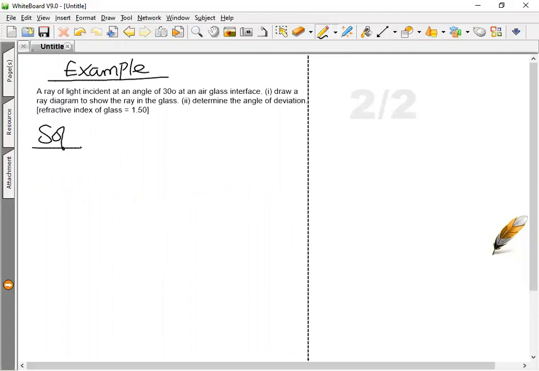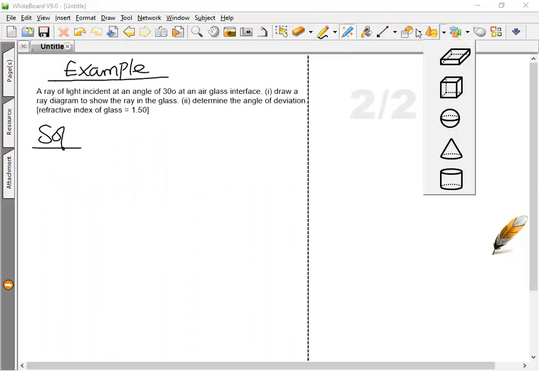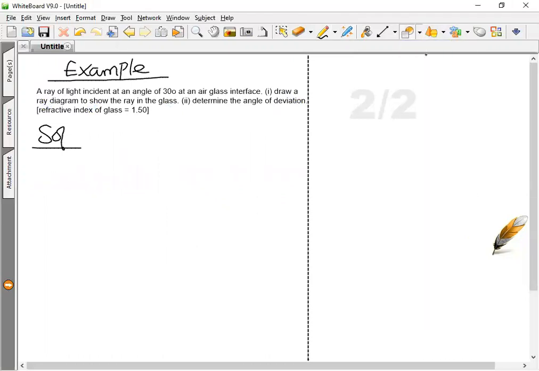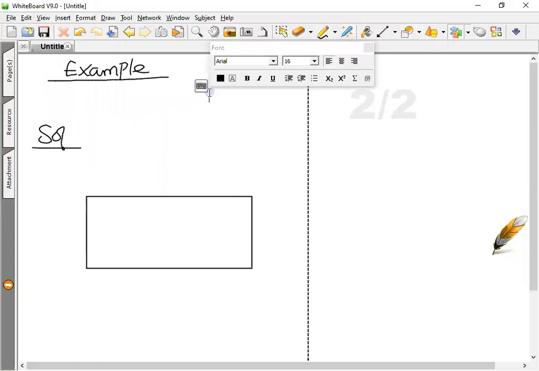Now the question is that what? First of all, draw a ray diagram to show the ray in glass. Before that, we have to get our glass drawn. Okay, this is our glass. And the question says that a ray of light is incident at an angle of 30 degrees at an air glass interface.